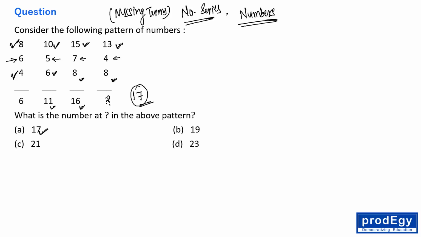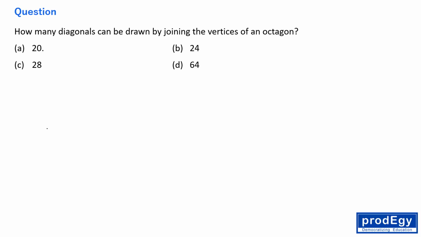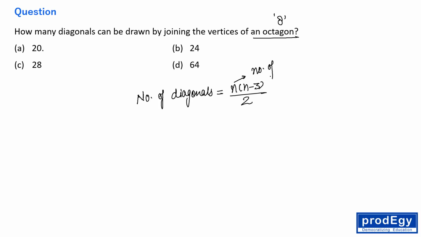Now next. How many diagonals can be drawn by joining the vertices of an octagon? Octagon means 8 sides. The formula for the number of diagonals is n into n minus 3 divided by 2, where n is the number of sides.